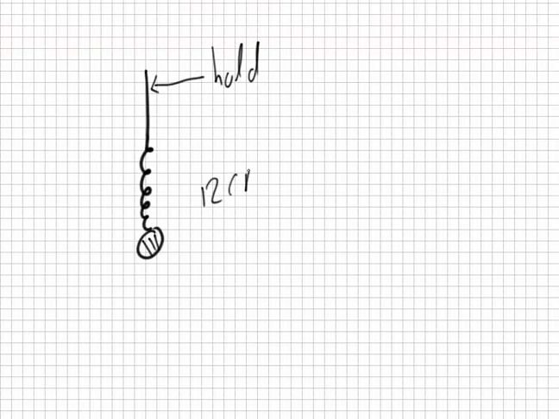Okay, so what we've got here is a spring and you hold it here, and the length is 12 centimeters and this here is 200 grams. So 0.200 kg actually, if you want, like this. So that's about 2 newtons.